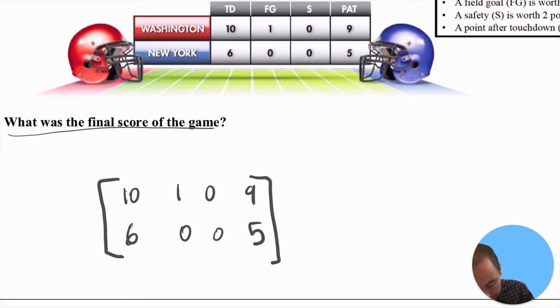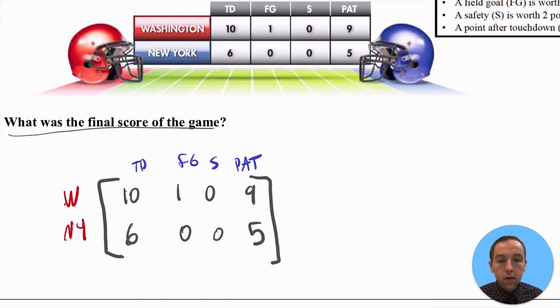The columns give you the different types of ways in which the team scored their points, and the rows tell you the teams that scored each of those. So if we've got a matrix that gives us the frequency of touchdowns, field goals, safeties, and points after touchdown for each team, we're going to want to multiply it by the worth of each of these.